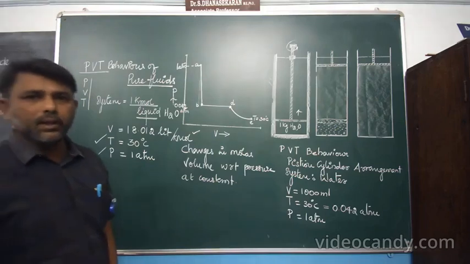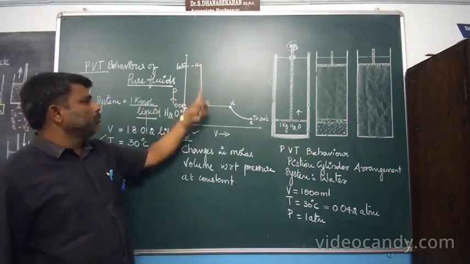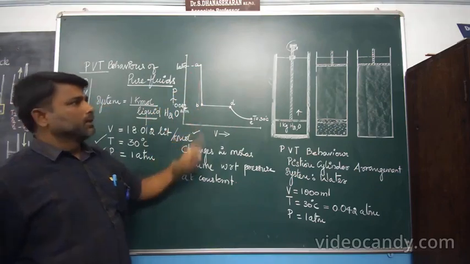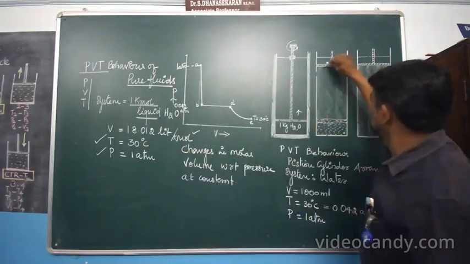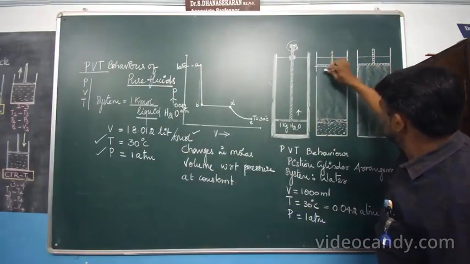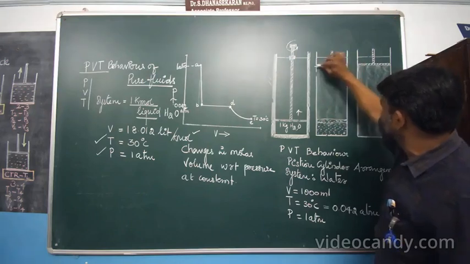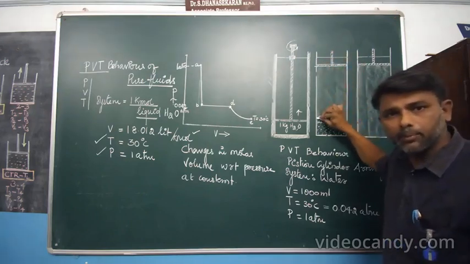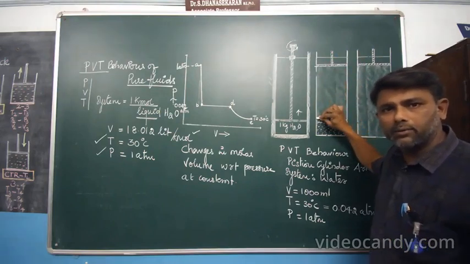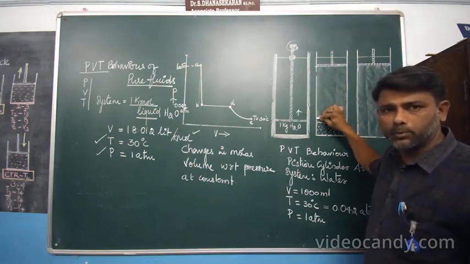So this is the state from A to B. The piston lifts up to this level. This is completely vacuum space, till the pressure reaches a level of 0.042 atmosphere.